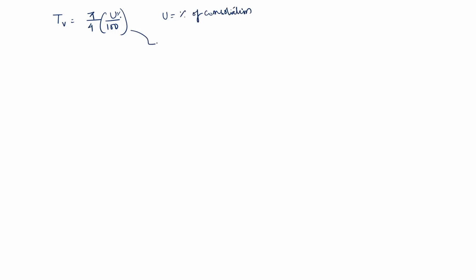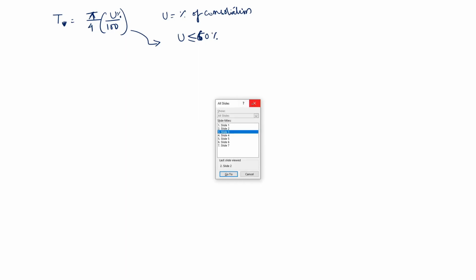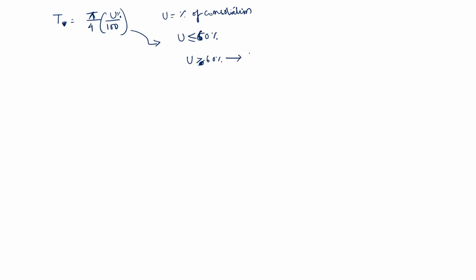This formula is applicable when the percentage of the consolidation is less than 60%. Then you can use this formula, TV equal to pi by 4 into (U by 100) squared, where U is in percentage. So you will get the time factor. Now we are using only this formula. When U is greater than 60%, you can go through those books.